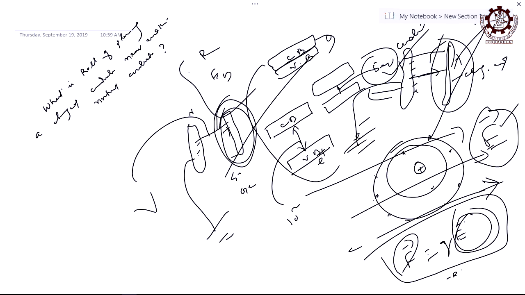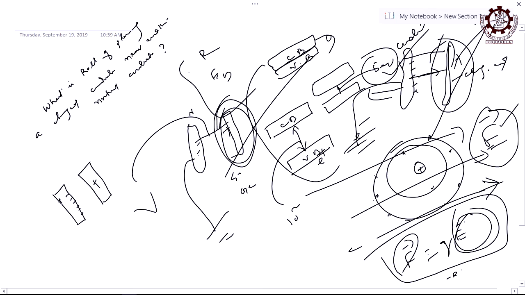Suppose this is a conductor and this is a charged body. Ultimately the negative charge will come to this side and the positive charge will go to the other side. This is nearer and this is far away. So this is a kind of uniform charge distribution at the two ends of this conductor.